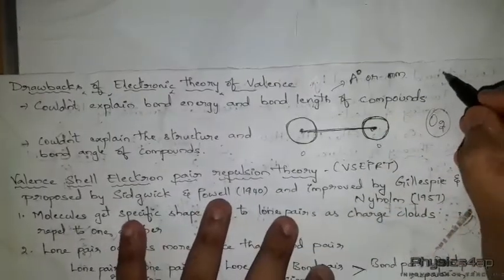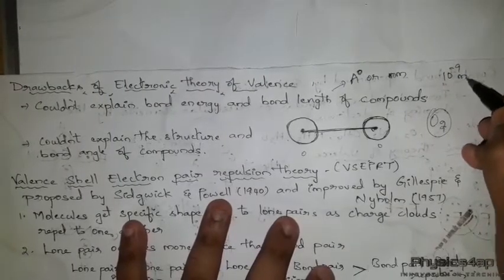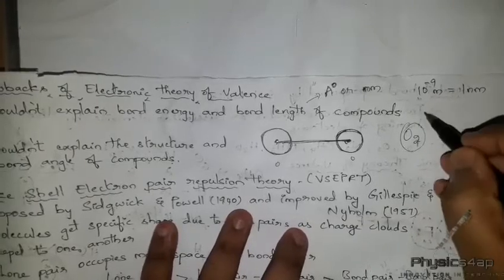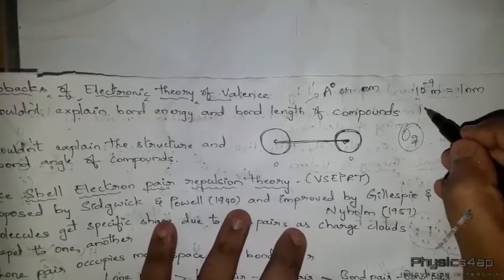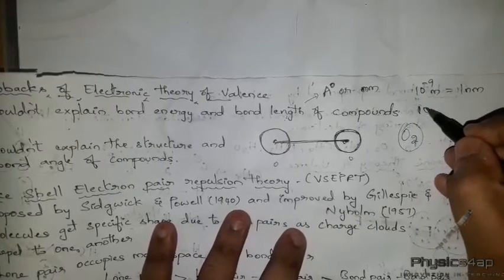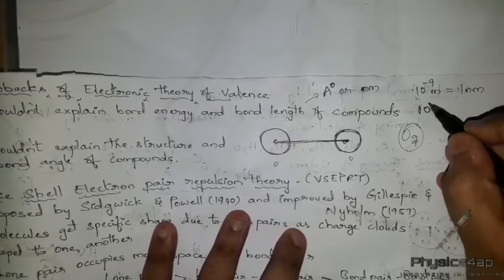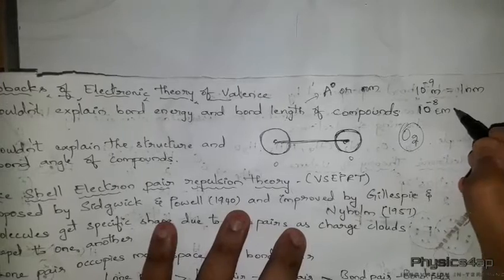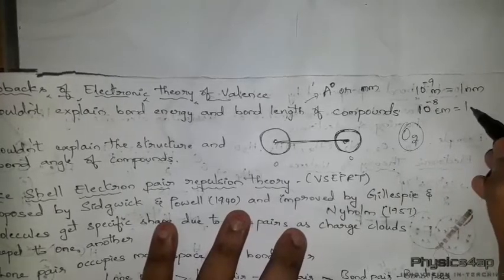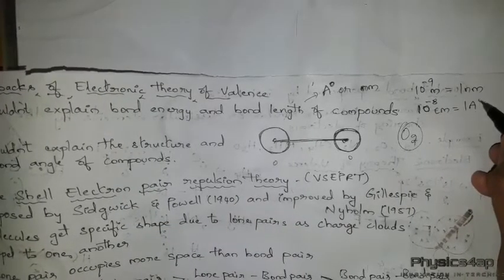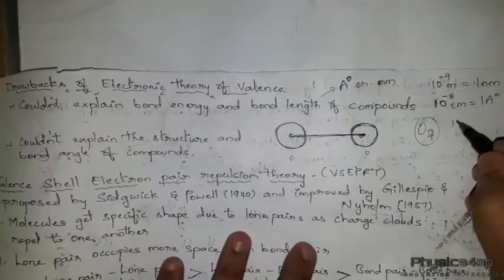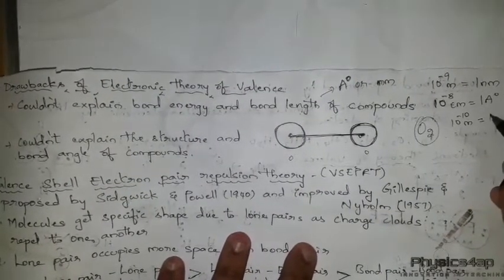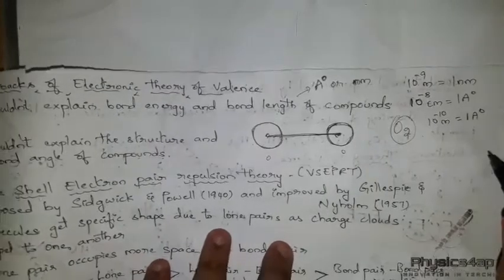A nanometer is 10 power minus 9 meters, and 10 power minus 8 centimeters is called 1 angstrom, or we can write it as 10 power minus 10 meters is called 1 angstrom.